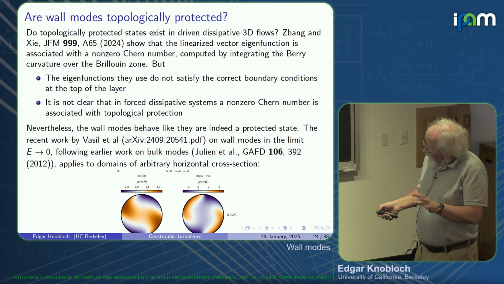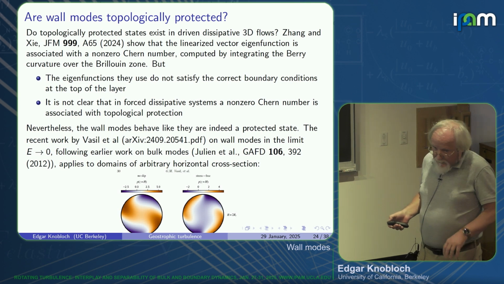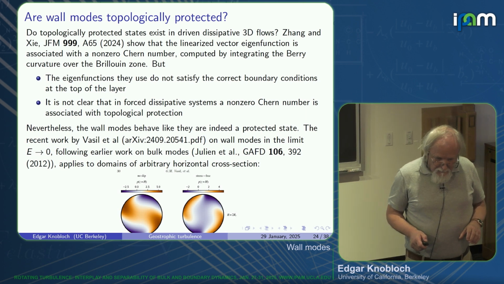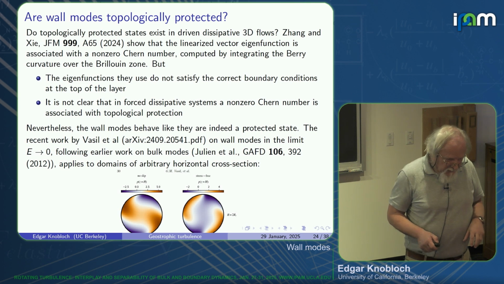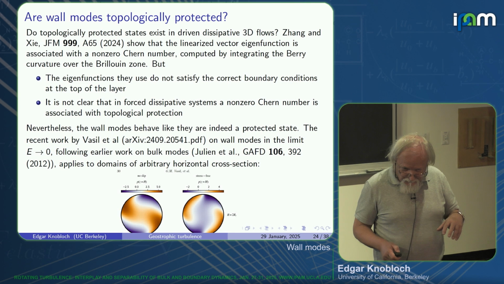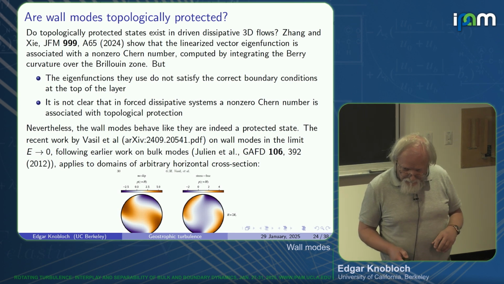And there are some topological invariants, something called the Chern number that you can compute. If it's non-zero, then you're going to have this topologically protected state that's insensitive to imperfections of the system, changes in the boundaries, and so on and so forth.